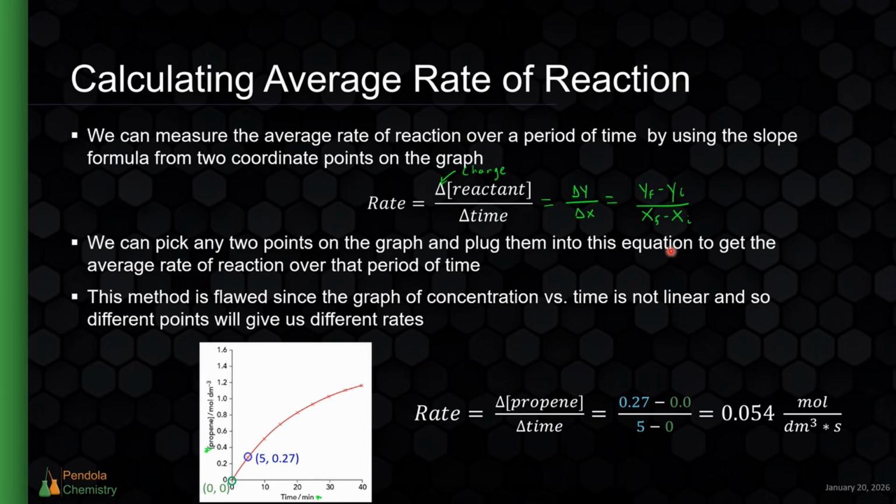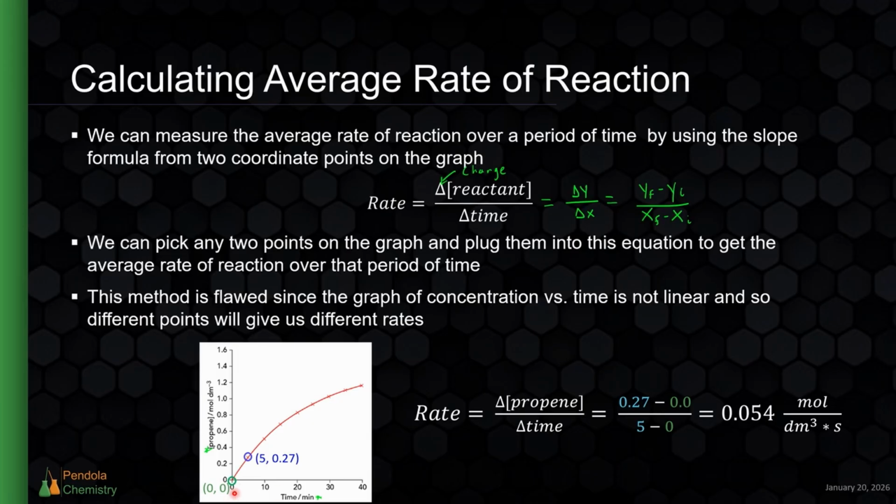So if I do YF minus YI, the final Y is 0.27, the first Y is 0, so 0.27 minus 0, and then XF, the final X, which is 5, minus the X for the first point, which is 0, 5 minus 0, so 0.27 over 5 gives me 0.054.